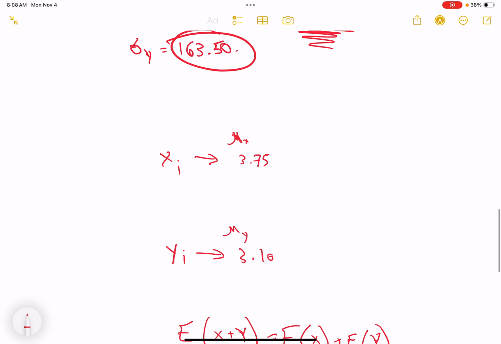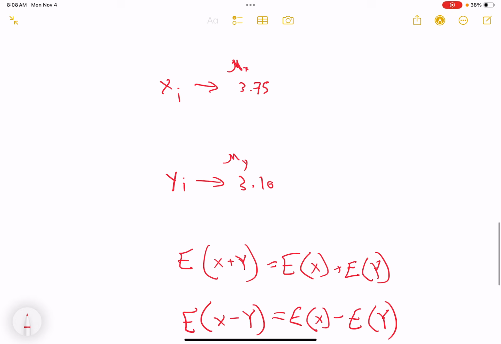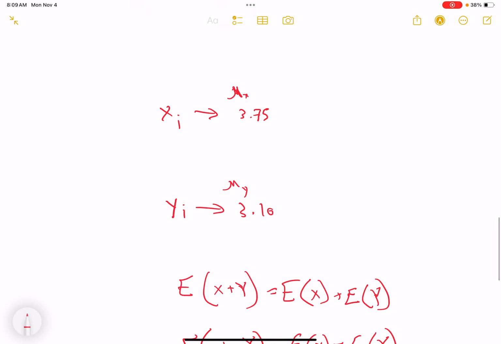When we're subtracting or adding distributions based on their passenger number, or their outcomes in this case, we're just going to add them together, each one, or subtract them. And if we want to add or subtract means, we'd do the same. So we would just say, what's the mean of both of them jointly? We would say 3.75 plus 3.1, and we would get 6.85 as our new mean. And if we wanted to subtract, we would do 3.75 minus 3.1, and we would get 0.65.